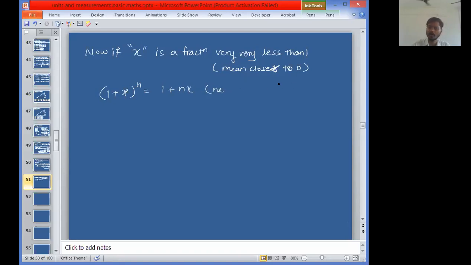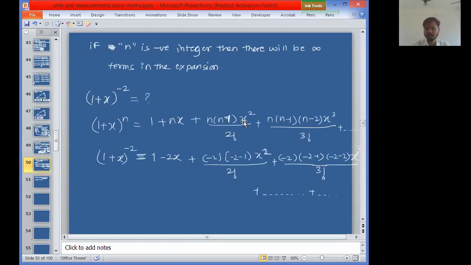Neglect higher order terms. Neglect the terms after this and take only the first 2 terms, because this x is a fraction. If x is a fraction, its square will be very small, and its cube again very small, so higher terms you can neglect. Only the first 2 terms are considered: 1 plus nx.